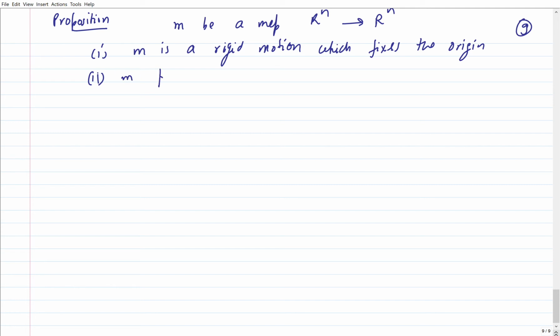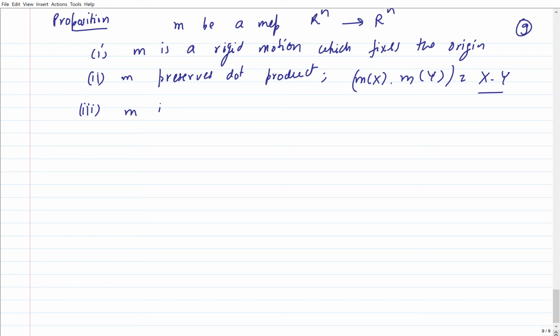M preserves the dot product, that is, applying M and taking the dot product is the same as taking the dot product.